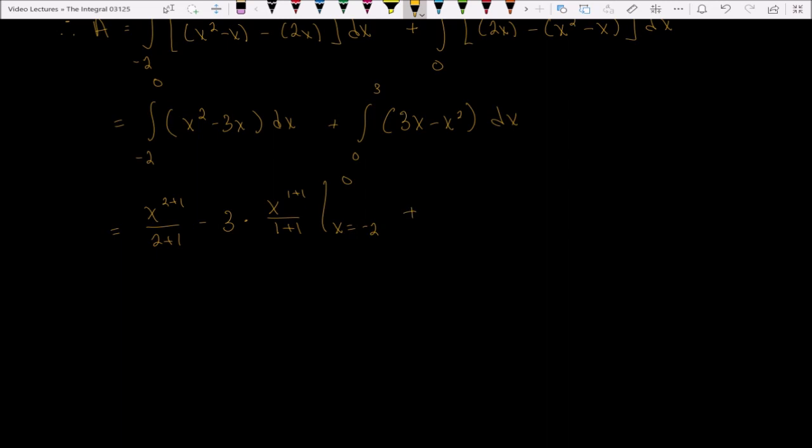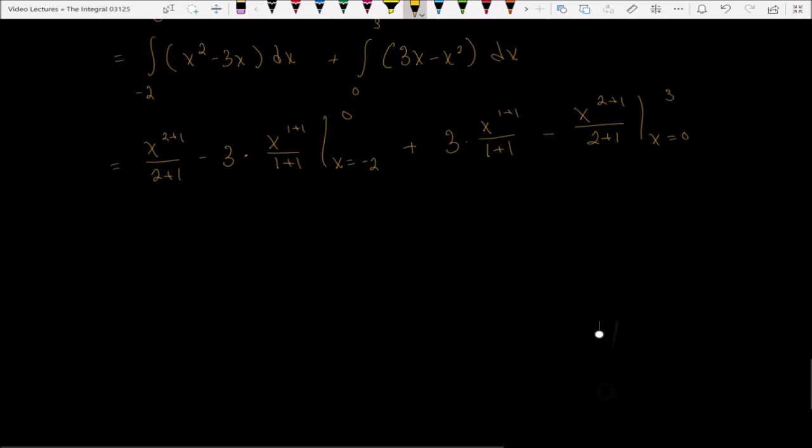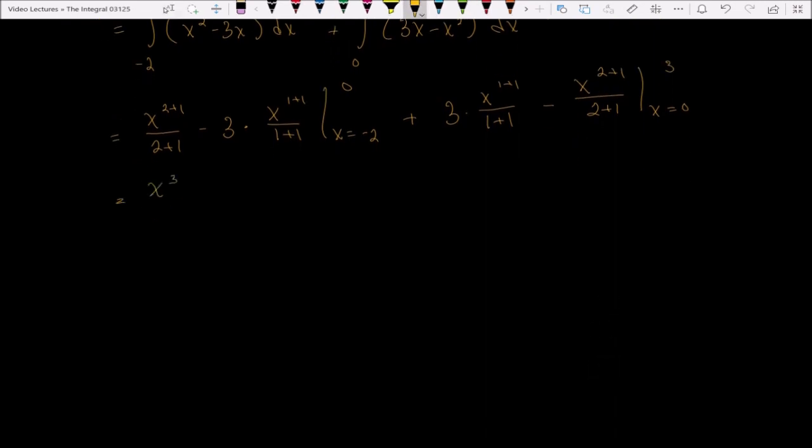Then we get plus 3 times x to the 1 plus 1 over 1 plus 1 minus x to the 2 plus 1 over 2 plus 1. That is evaluated from x equals 0 to 3. It's x cubed over 3 minus 3x squared over 2 from negative 2 to 0, plus 3x squared over 2 minus x cubed over 3 evaluated from 0 to 3.